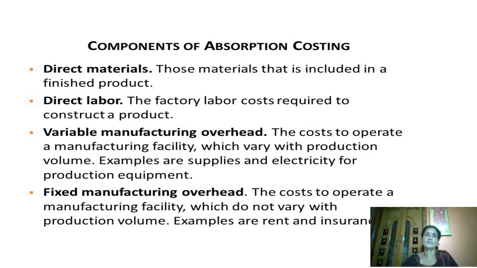Let it be 5,000 units or 10,000 units, you have to pay the rent. You can't say that this month the production has decreased, so I'll pay lesser rent. No, rent is fixed. So you need to pay in spite of the variation in units, whether it is going to be less or more, the rent will be fixed. So that is called fixed manufacturing overhead.